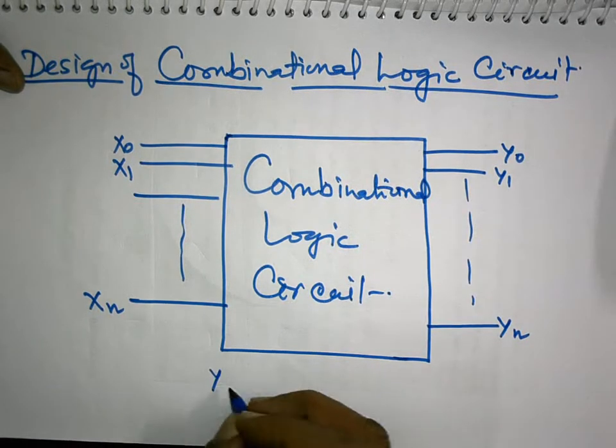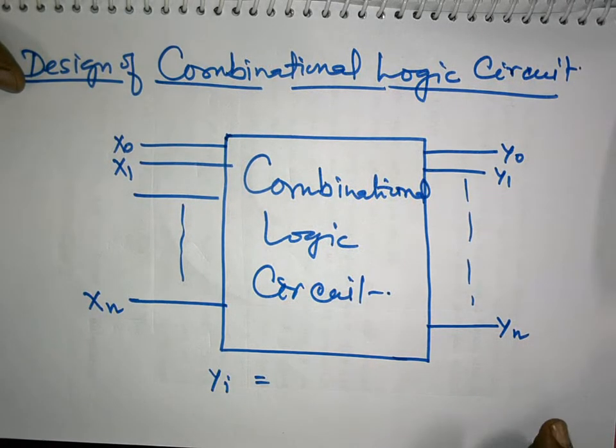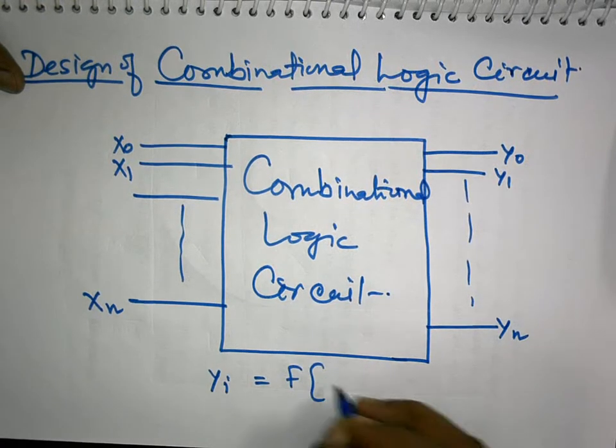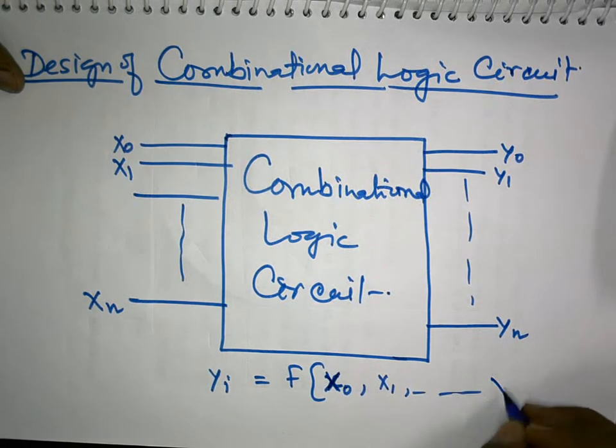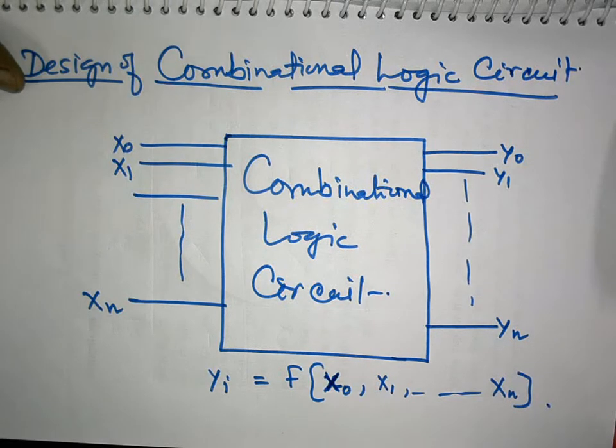If at any time any arbitrary output, say yi, is a function of the applied inputs only, x0, x1 up to xn, meaning the output is a function of only the applied inputs, if the logical circuitry shows this kind of behavior, then it is called a combinational logic circuit. Okay.